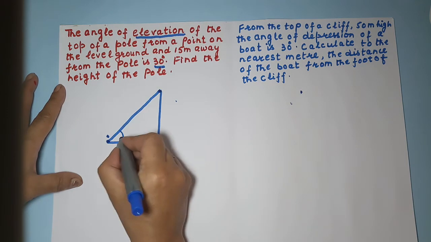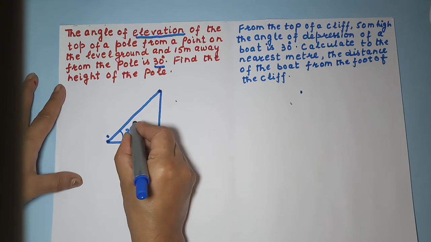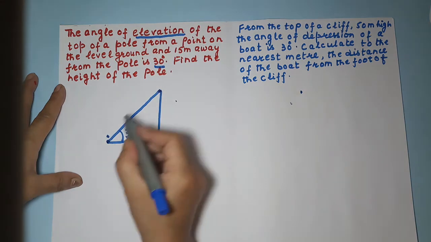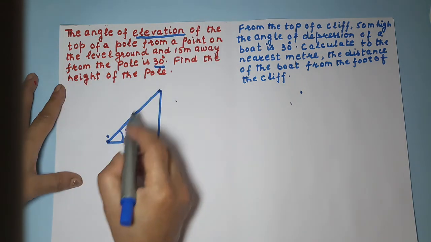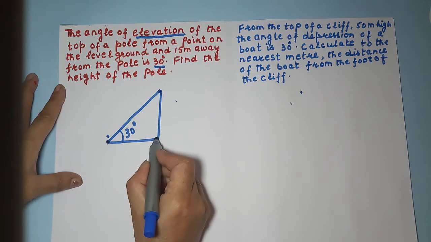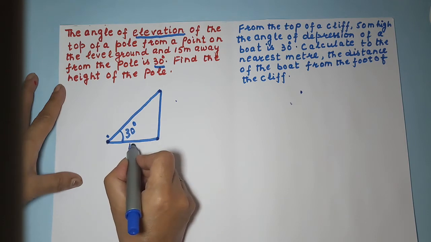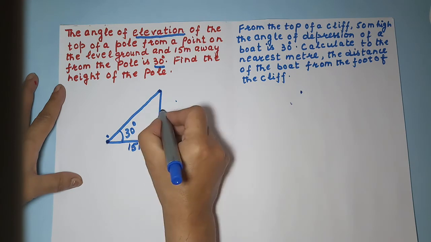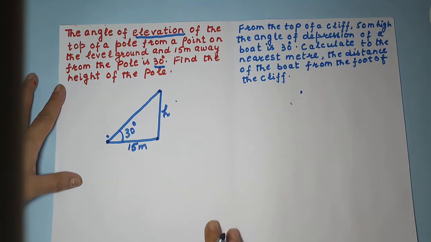So, what is this angle? 30 degrees. And at the same time, he is saying that this point is 15 meters away from the pole. This distance is 15 meters. Find the height of the pole. He wants us to calculate the height of this pole, right?